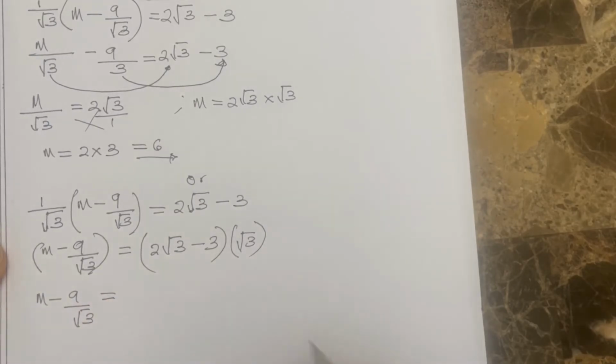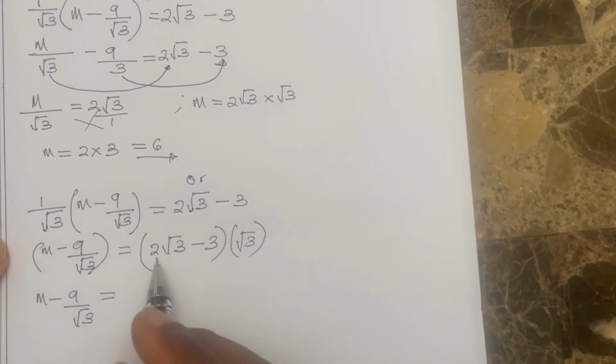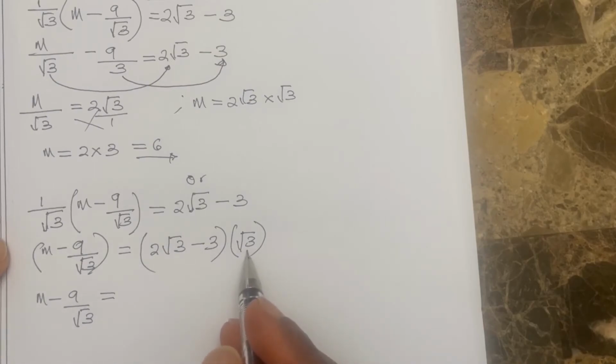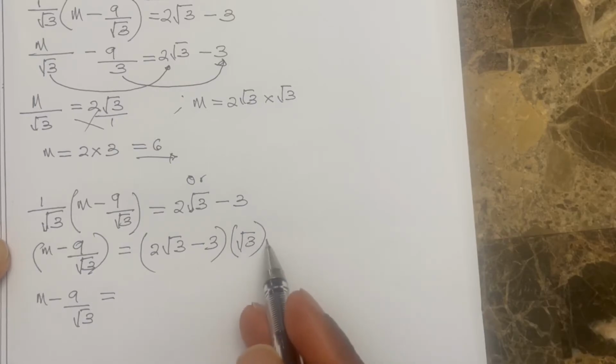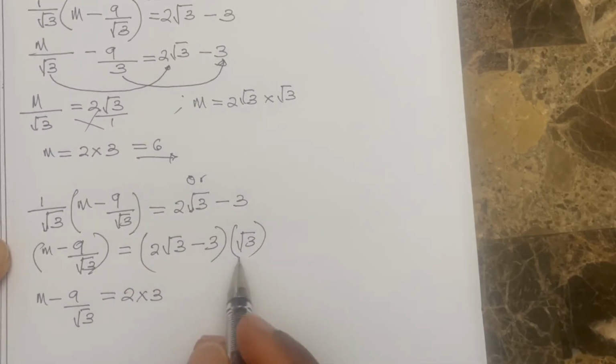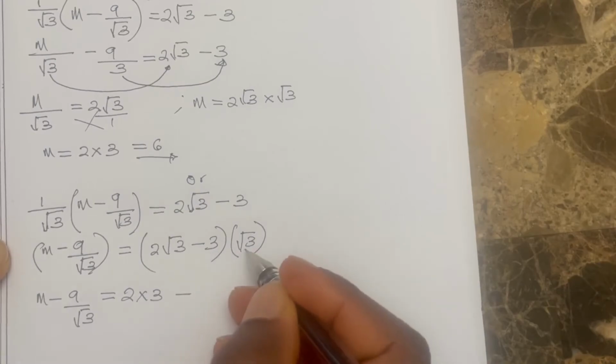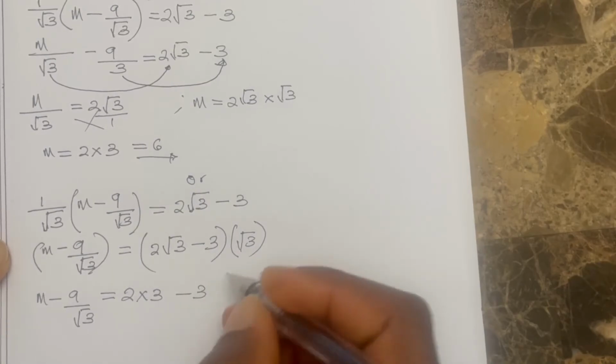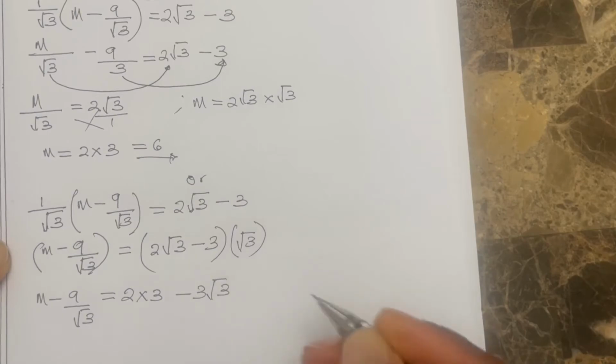And that'll be equal to, let's open the bracket, 2 root 3 times root 3. Root 3 times root 3 is root 9, and root 9 is 3. So 2 multiplied by 3, then minus 3 multiplied by root 3, that will be 3 root 3.